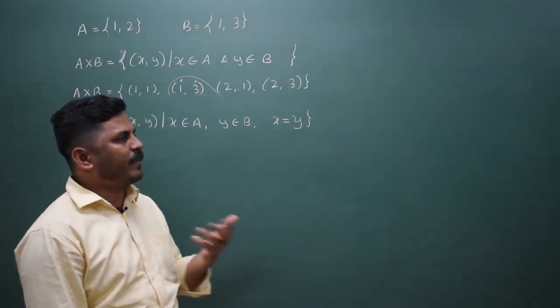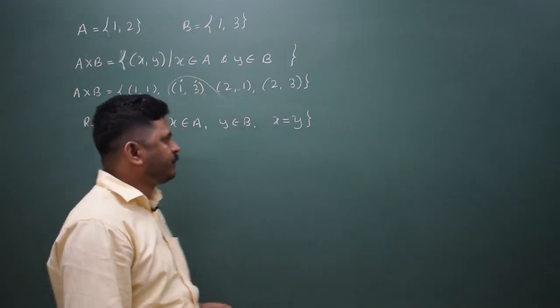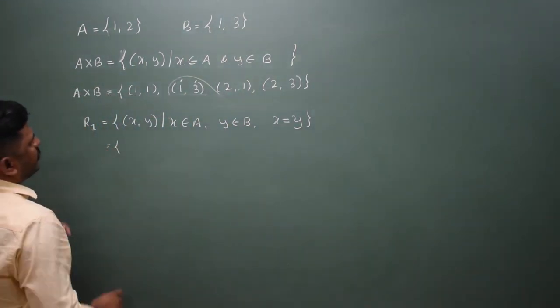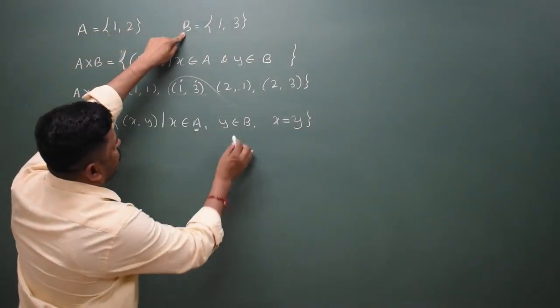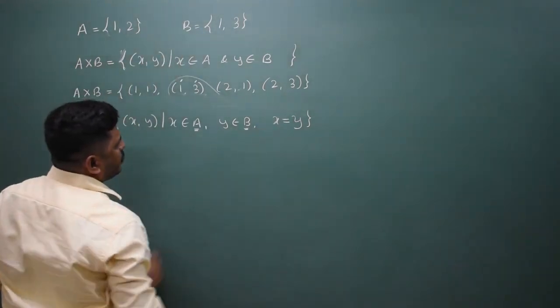So these are called mathematical relations. We are concentrating more on mathematical relations. So x equal to y. Under this, first element I have to select from first set, second element I have to select from second set, and first element must be equal to second element.